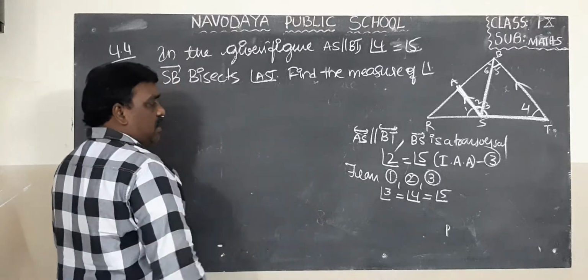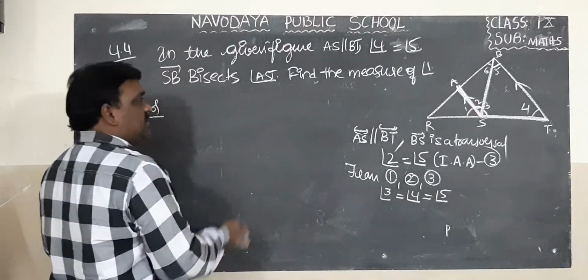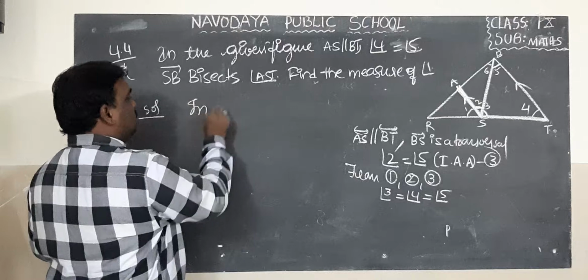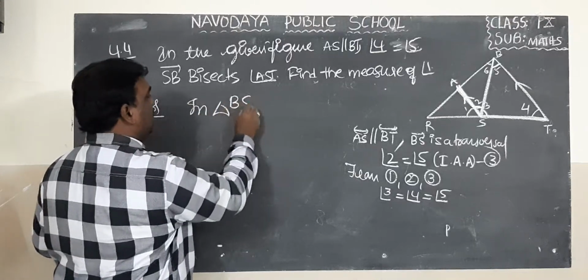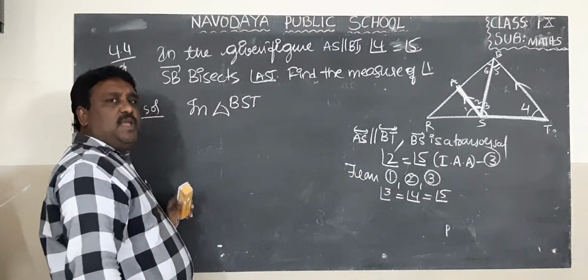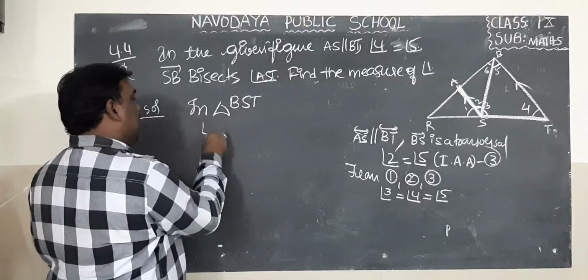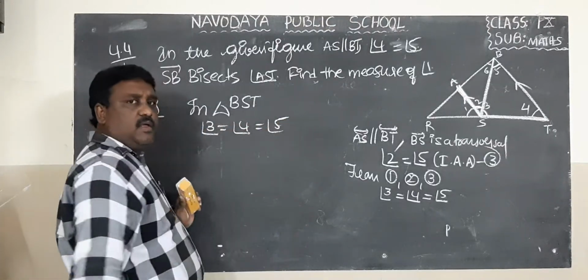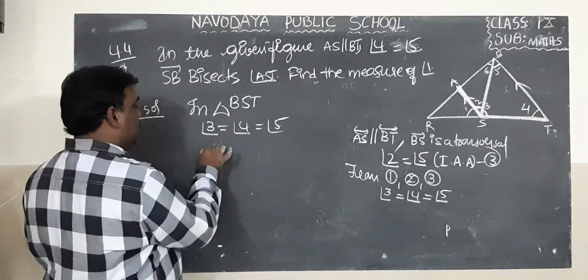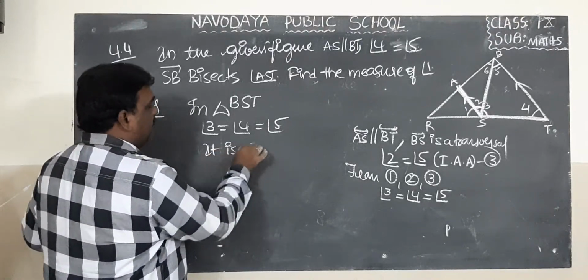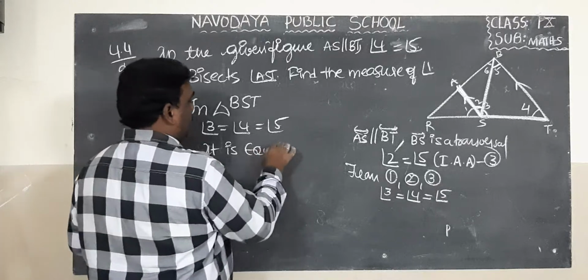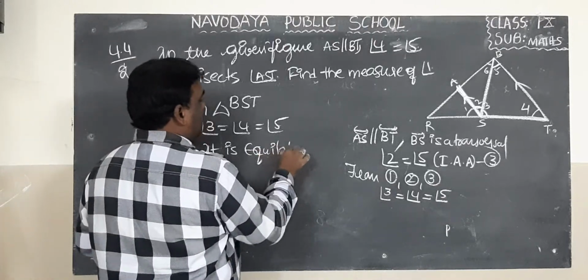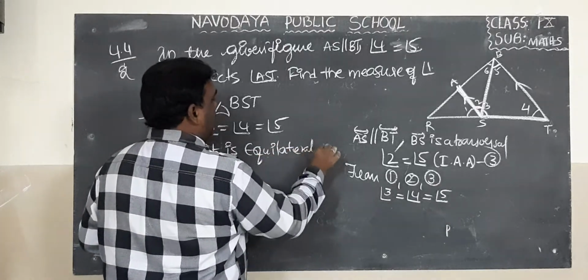Now, angle 3, see the triangle. In triangle BST, what we get? Angle 3 equal to angle 4 equal to angle 5. All three angles are equal, means it is an equilateral triangle.